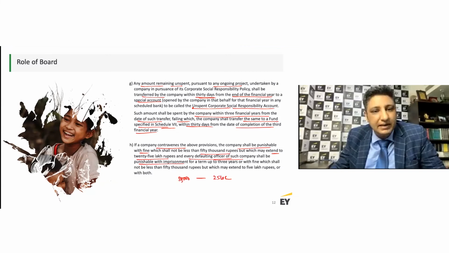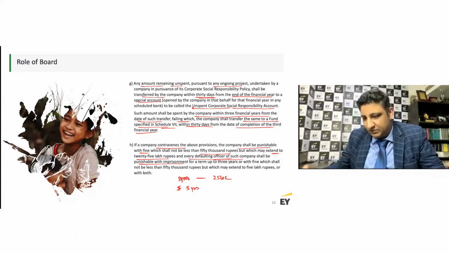And for them, there is also a personal fine, which is 50,000 to 5 lakh rupees. So you may either have to spend time in jail, or pay money, or the authority may impose both on you, looking at the rigor or the nature of the non-compliance.